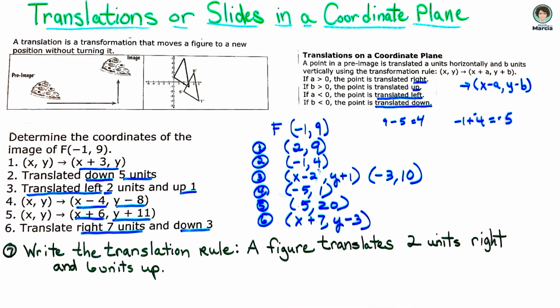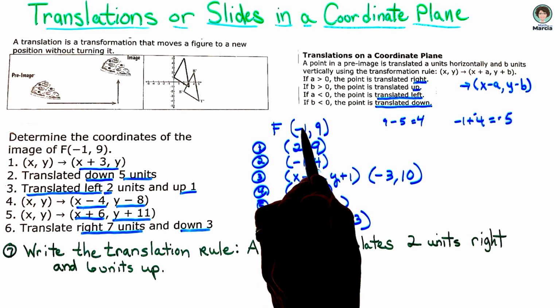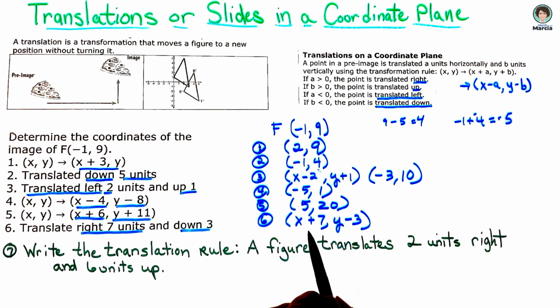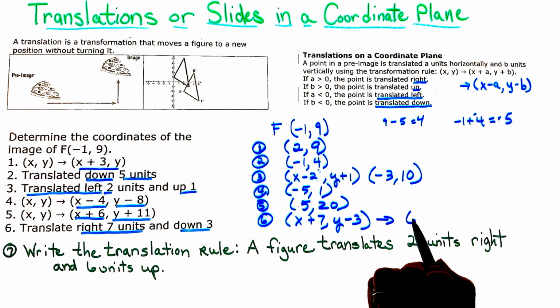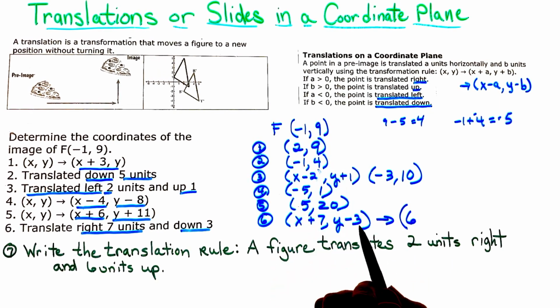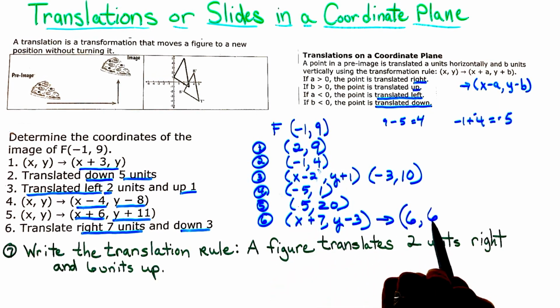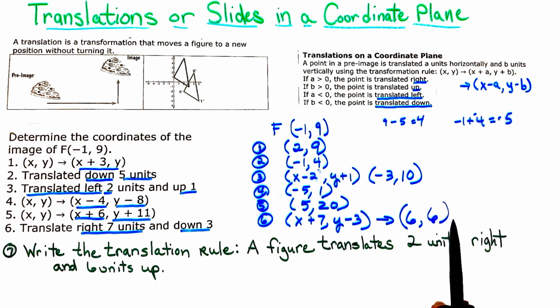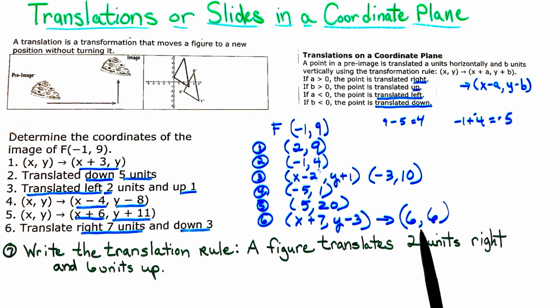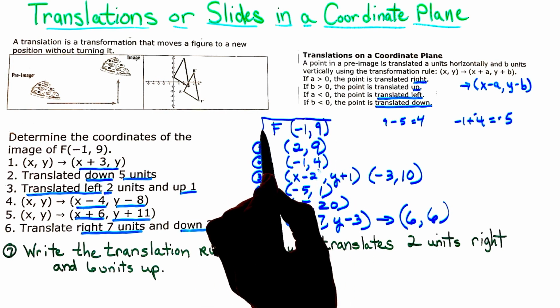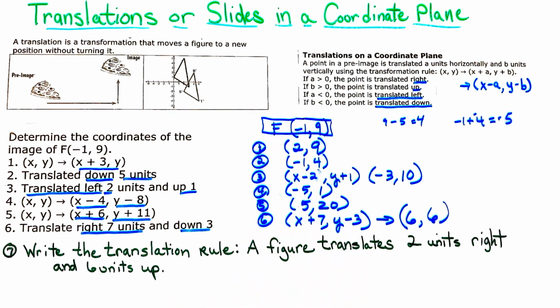And when I'm looking at our original point, I'm going to substitute in -1 plus 7 is equal to 6, and 9 minus 3 is equal to 6. So our new location for our one point would be (6, 6). What we've done is we've just kept changing the rules for this one point that was given to us.